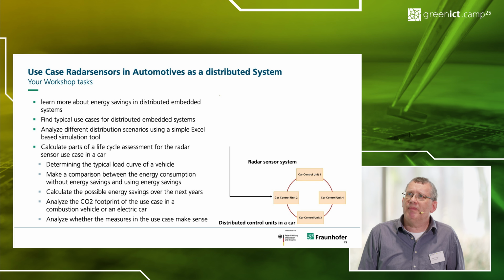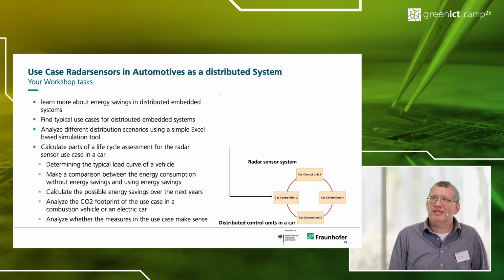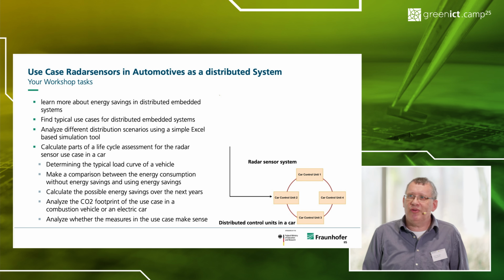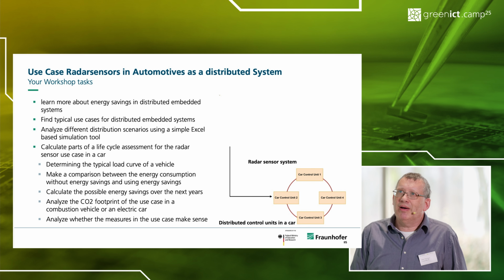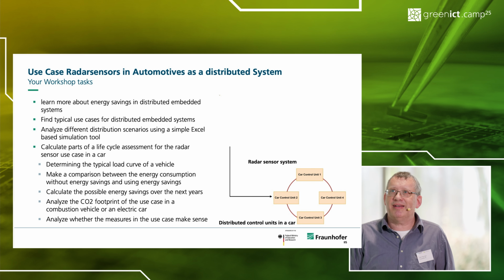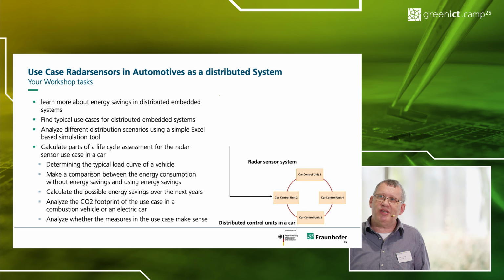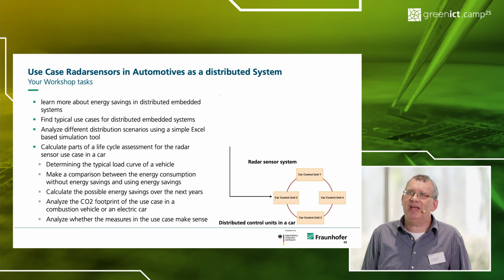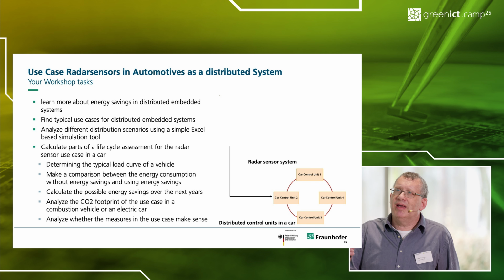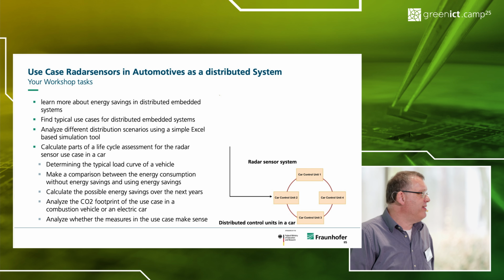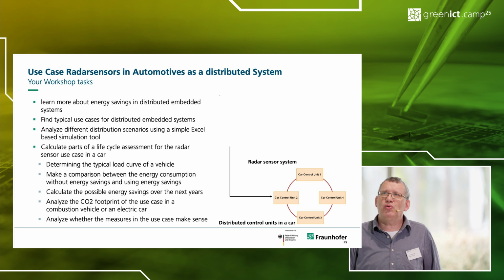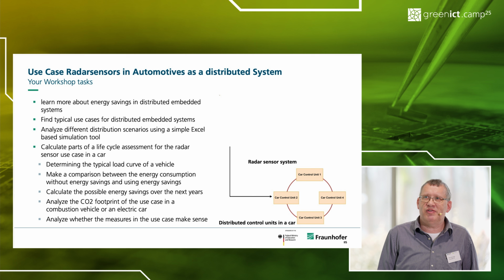Okay, and then I come to my last slide. The picture on the right side is not so interesting. What will you learn during the next days? Now you have a little bit more information about energy savings in distributed embedded systems. And now it is interesting for us that you analyze typical use cases where we can use such distributed embedded systems.